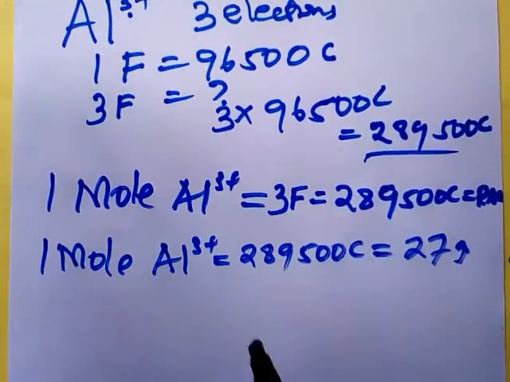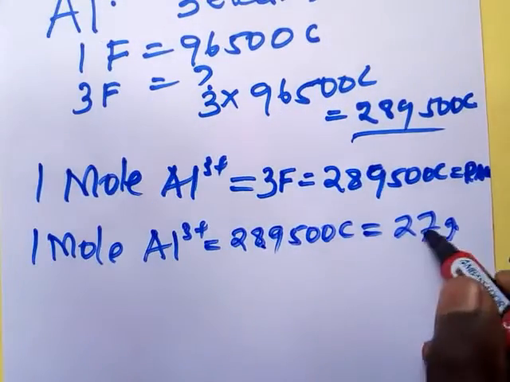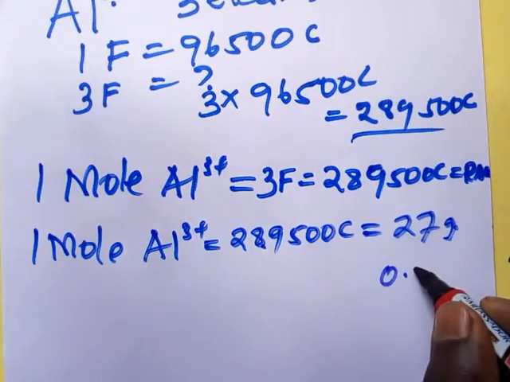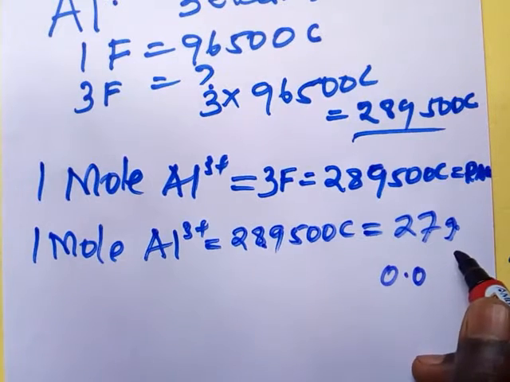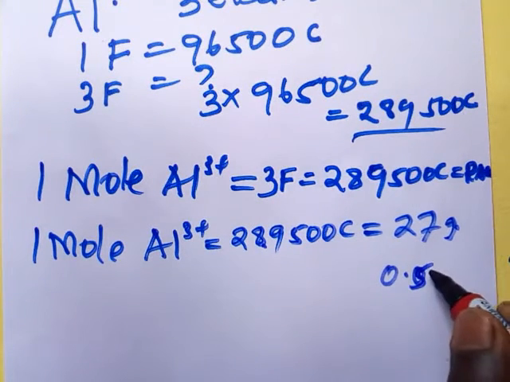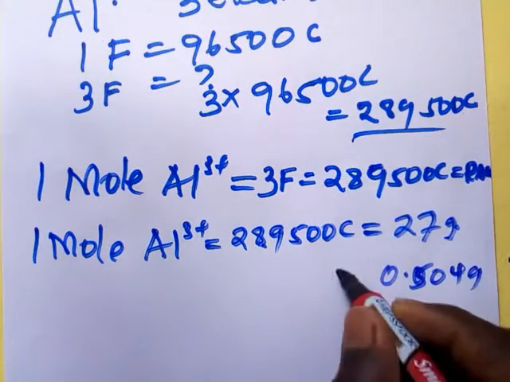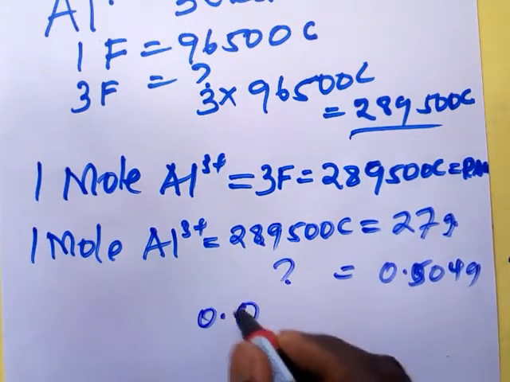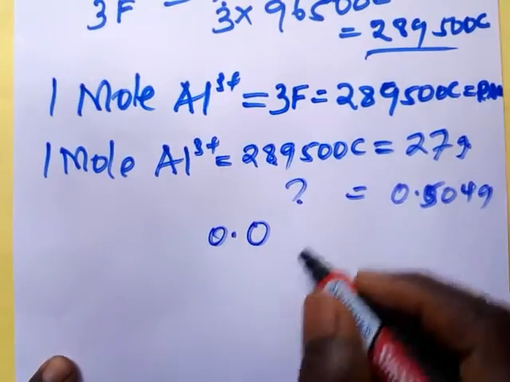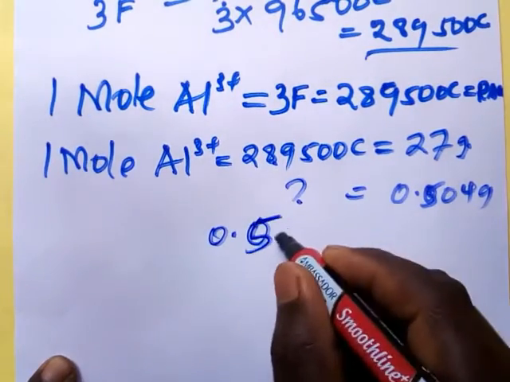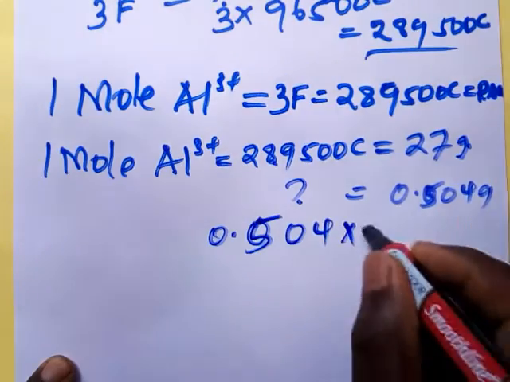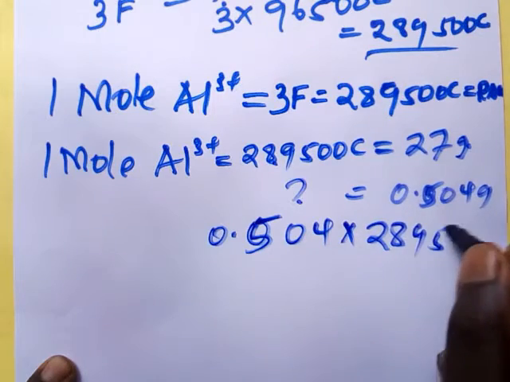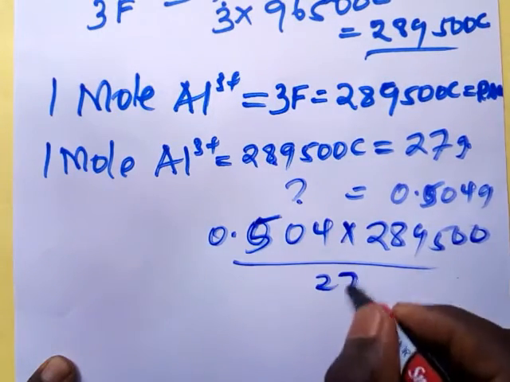So we can ask, if this one contains this, 0.504 grams will contain how much? So it is 0.504 times 289,500 divided by 27.